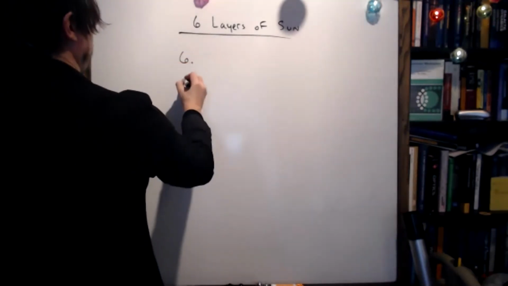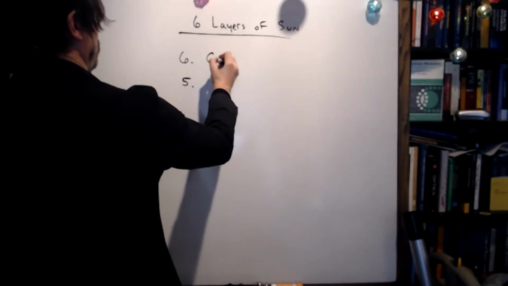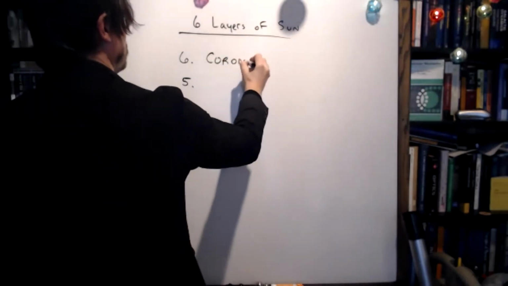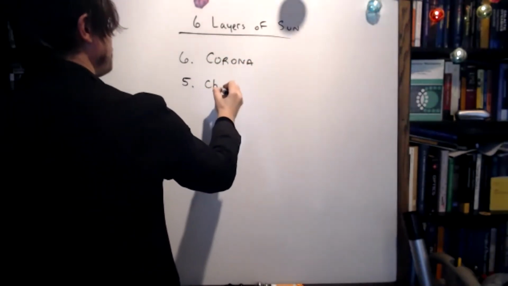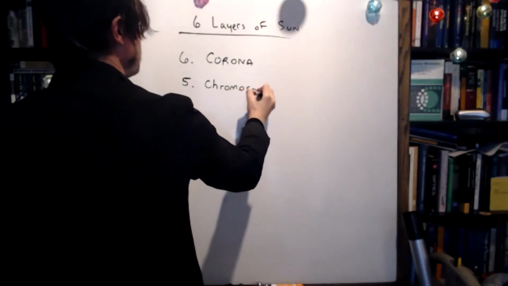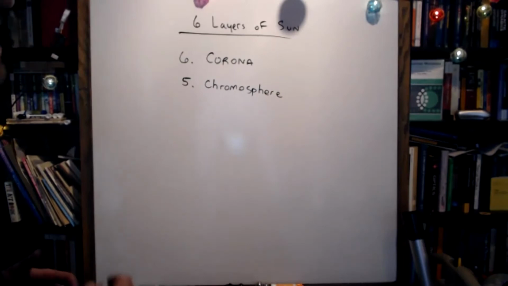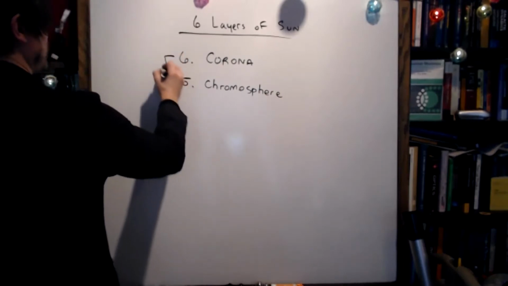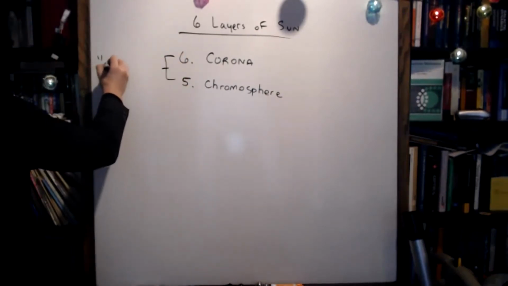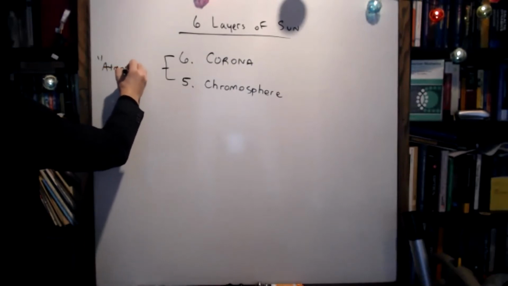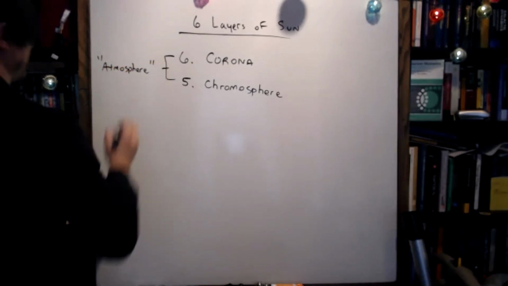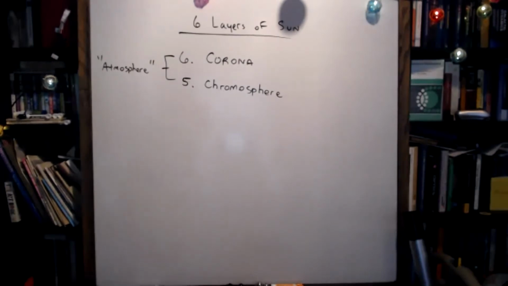The outermost layers of the sun are called the corona and the chromosphere. Taken together, these layers are kind of like the atmosphere of the sun.